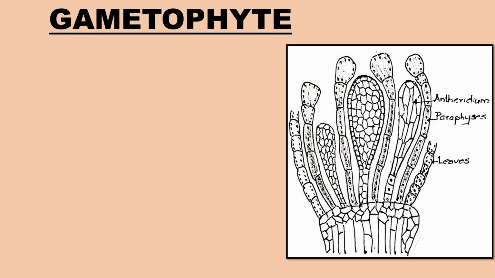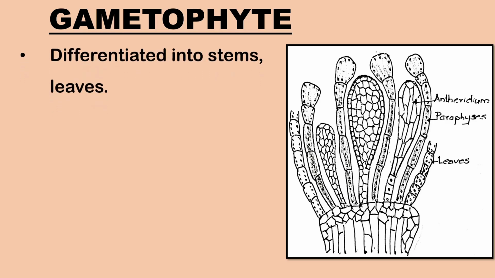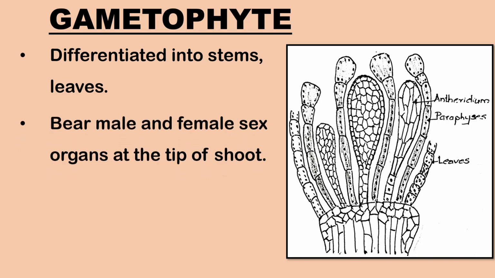Next, let us study about the gametophyte and sexual reproduction in mosses. Moss plant is the gametophyte, which is differentiated into stem and leaves and bears male and female sex organs at the tip of the shoot.